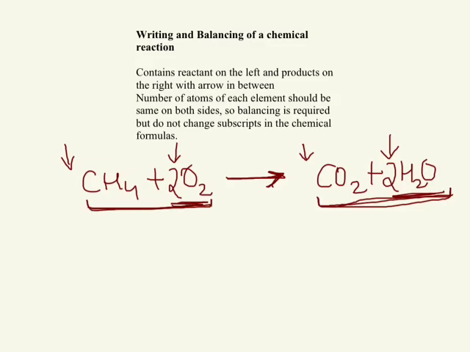So how do we say that? 1 molecule of methane reacts with 2 molecules of oxygen to form 1 molecule of carbon dioxide and 2 molecules of water. So this is the way you read the equation.